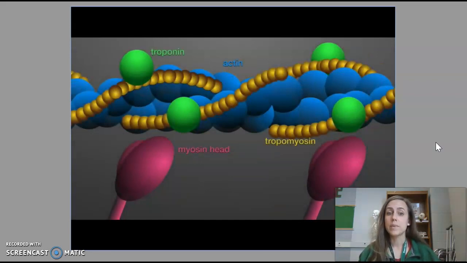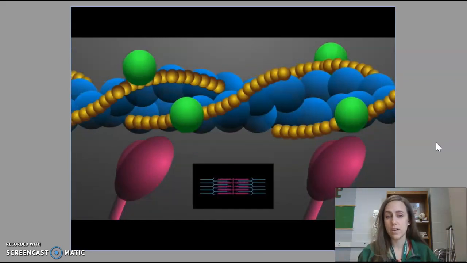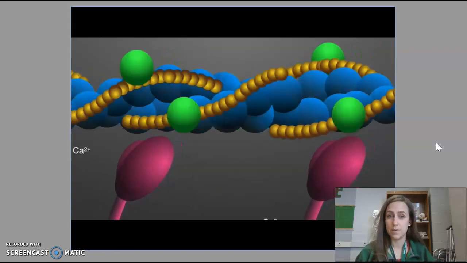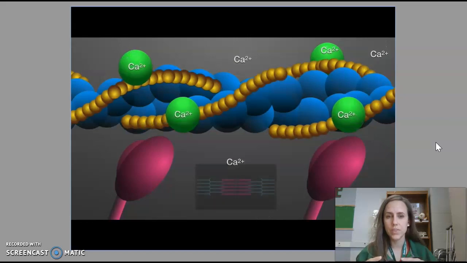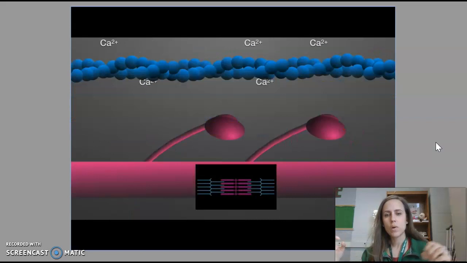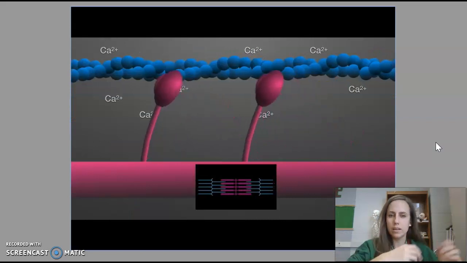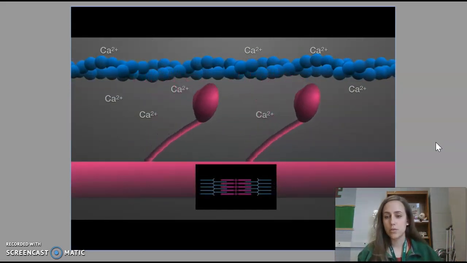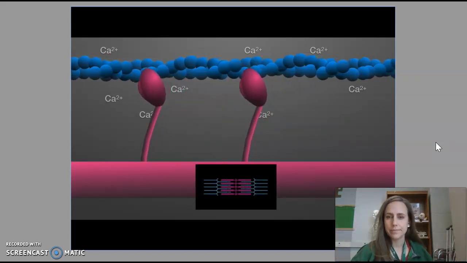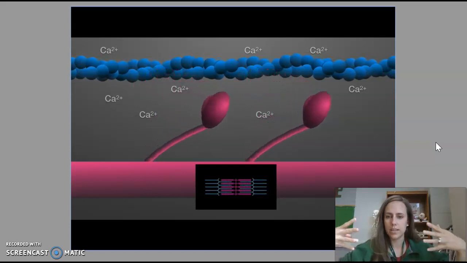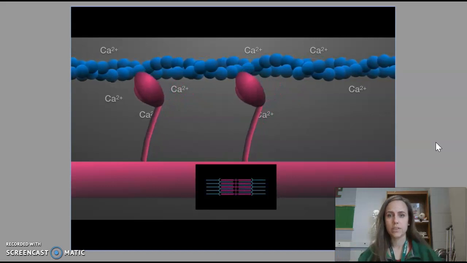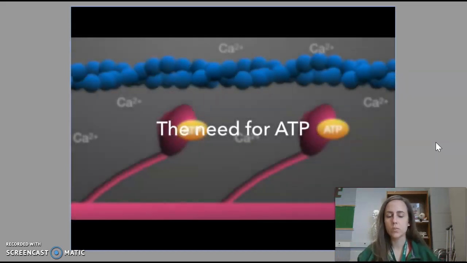So when the calcium is released into the sarcomere after the nerve stimulation stimulates the muscle, it binds to that troponin, moving the tropomyosin out of the way, allowing a clear pathway for the myosin to attach to the actin and move it, thus causing the shortening of the muscle or the contraction. So that's showing calcium's role.